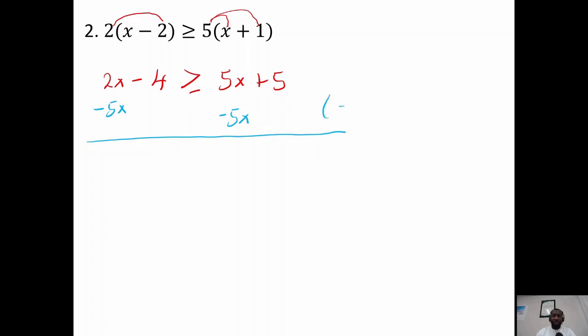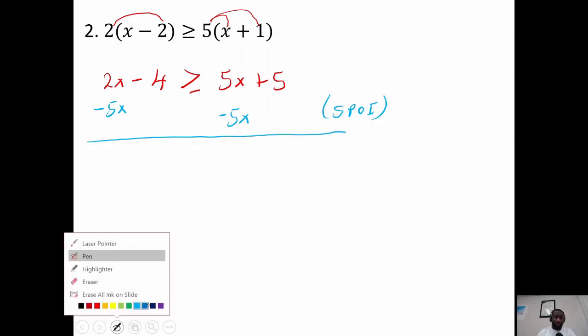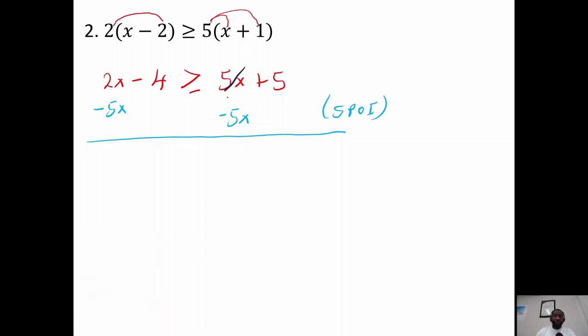When I'm subtracting, we call it the subtraction property of inequality. So now 5x is going to cross out 5x. I have 2x minus 5x, and that's going to give me what? Negative 3x.